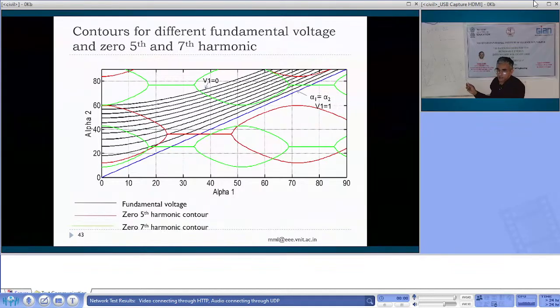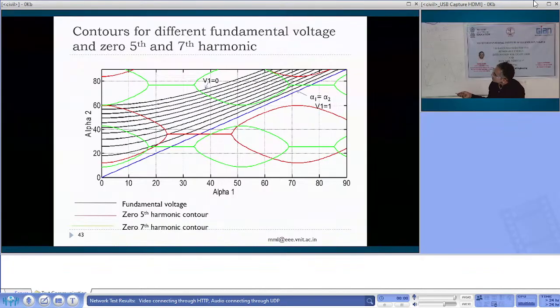So by appropriately selecting alpha 1 and alpha 2, you can select the fundamental voltage as well as reduce the 5th harmonic. Then green is for the 7th harmonic. If you want to eliminate both harmonics, you have to work somewhere here.